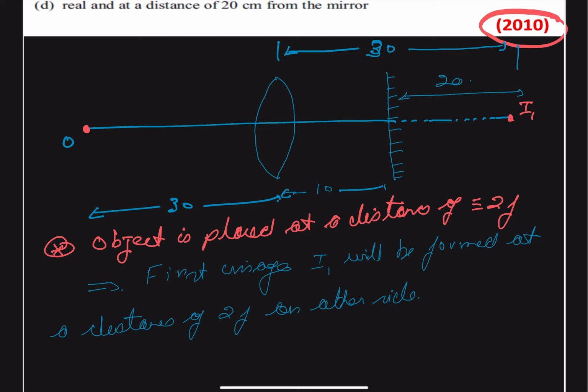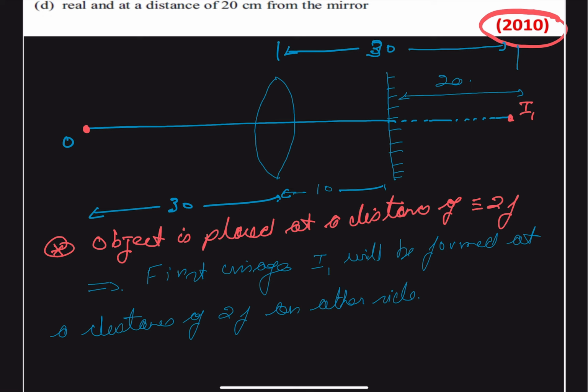And we know that in case of a mirror, the object and the image are at an equal distance from the mirror. So therefore, the second image that will be formed because of the mirror will be at a distance of 20 centimeter from the mirror.